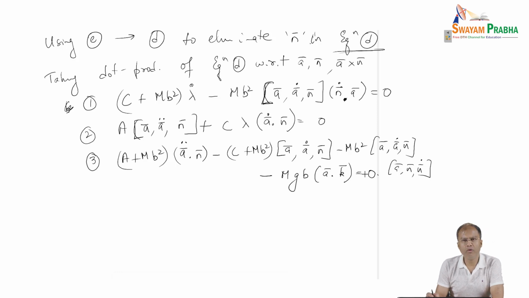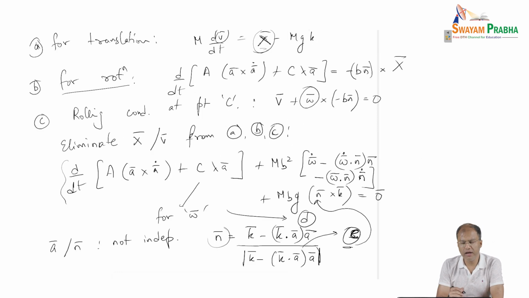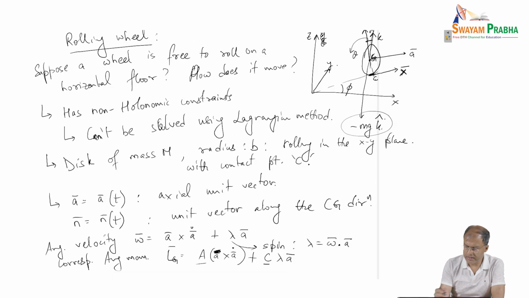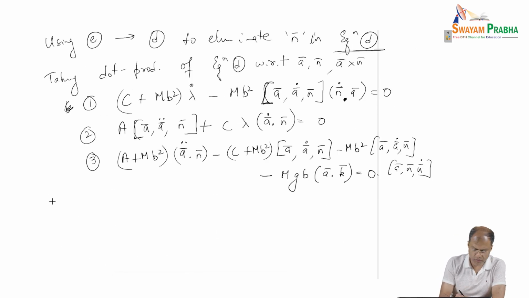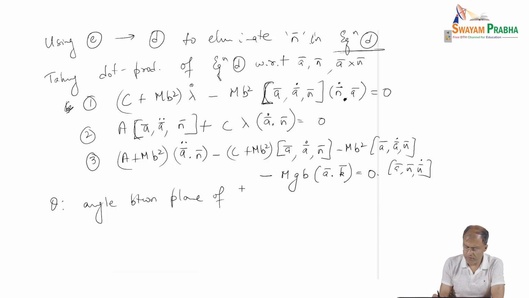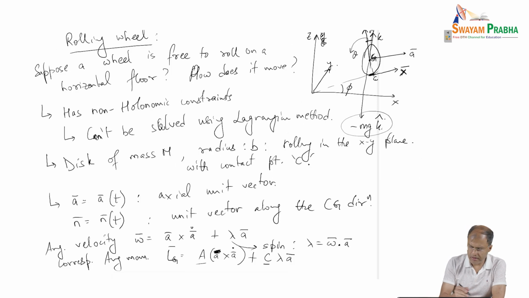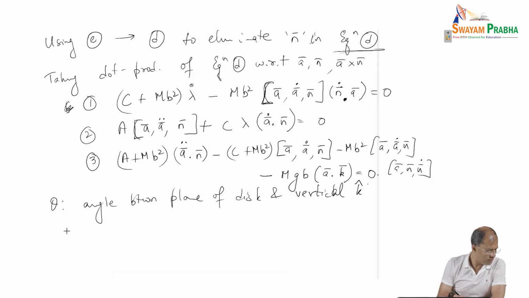Now let us go back to the referring diagram and try to utilize the angles. In our equation we had introduced two angles, theta and phi. So what is theta and what is phi? Theta is the angle between the vertical k and the plane of the disk, so theta is N dot with k.